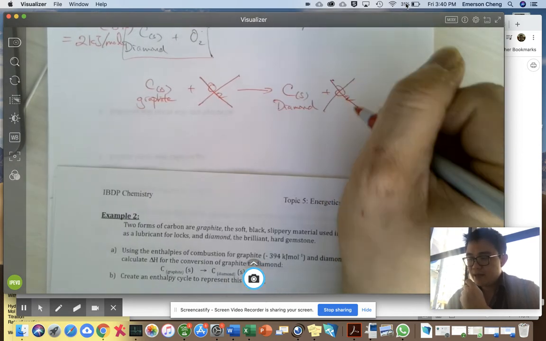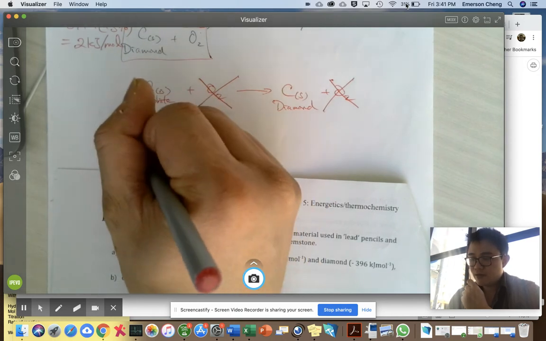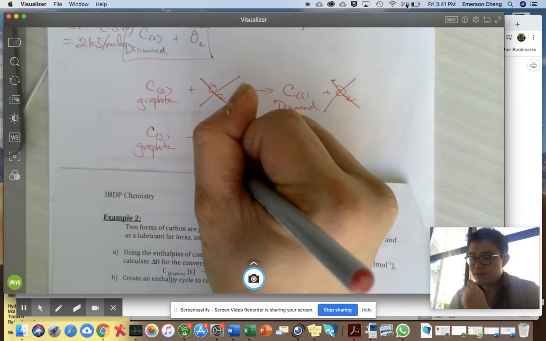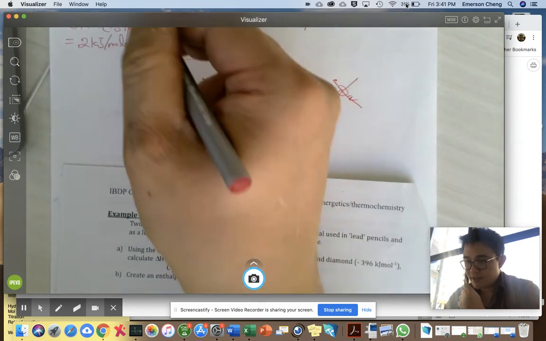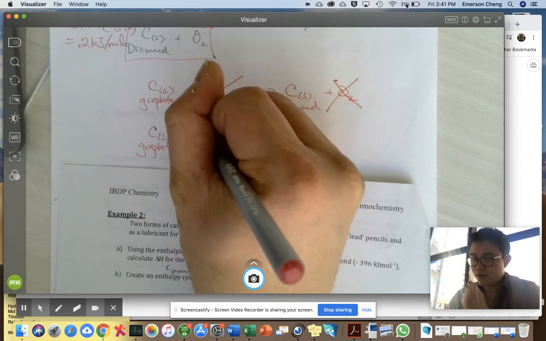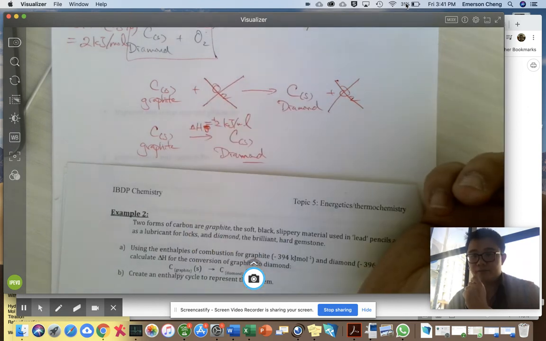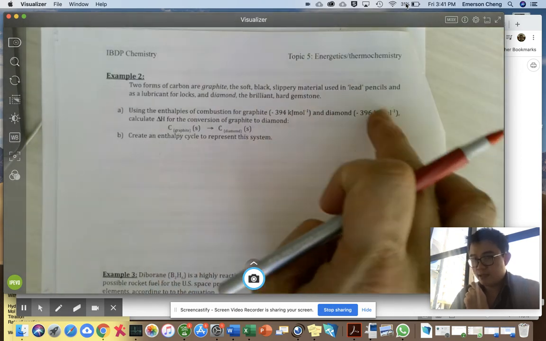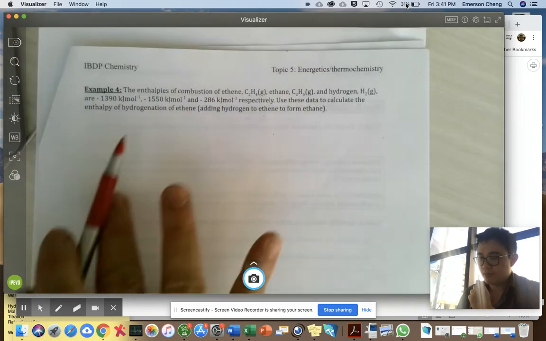What you really have here is just C(s) graphite to C(s) diamond, and as you can see, it's plus 2 kilojoules per mole. So that's how you do a question using the enthalpy cycle like this. I'm going to make another video to talk about example number 4.